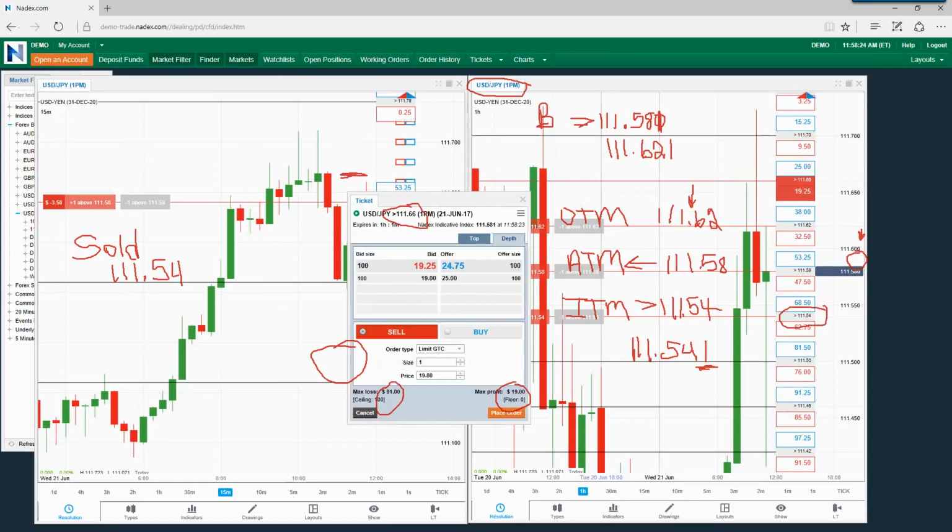Do any of you trade regular options? Anybody in the room trade regular options, stock options? I think some of you do from the questions I'm seeing. Do you know how you can go long on a 7-day option and short on a monthly option? This is the same technique, but on steroids, because you can go on a daily and a weekly, or a 2-hour and a daily combination.